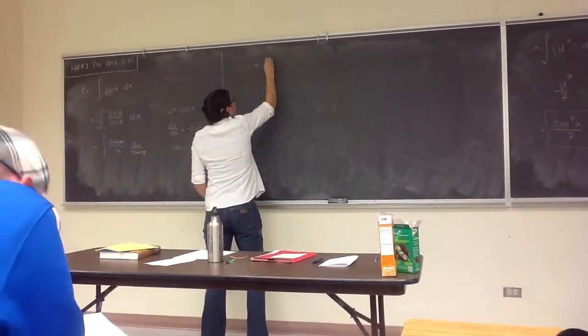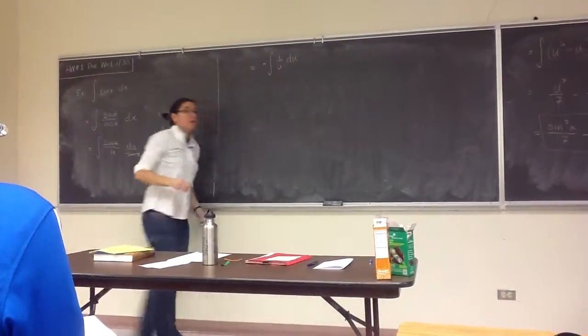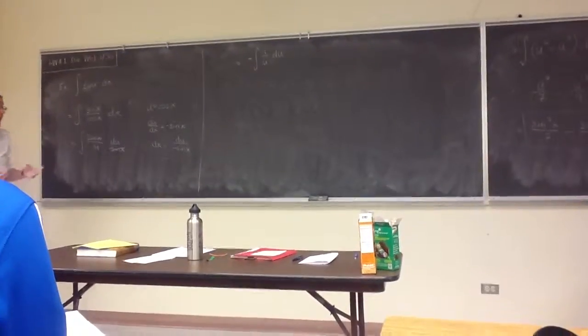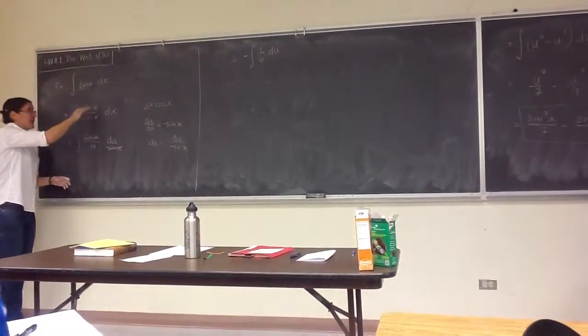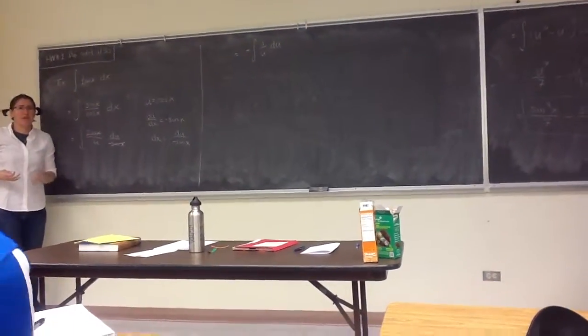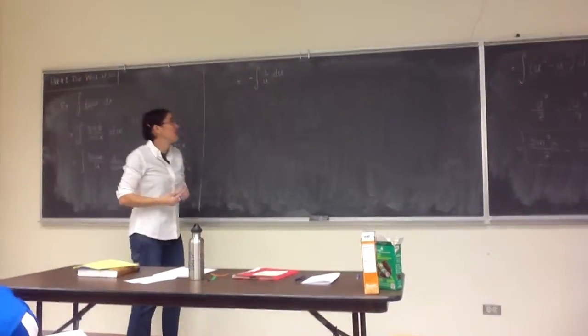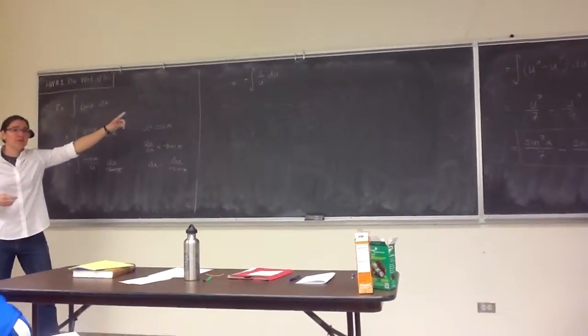So we've got negative the integral of 1 over u du. If I had chosen u to be sine of x, then we would have had cosines both in the denominator, and they would not have canceled each other. So we've got negative the integral of 1 over u du. Any questions about that so far?